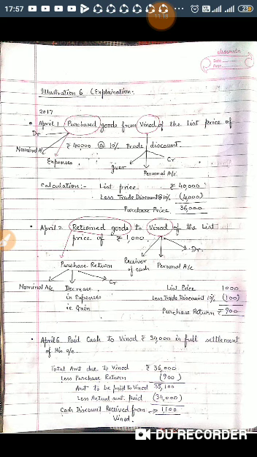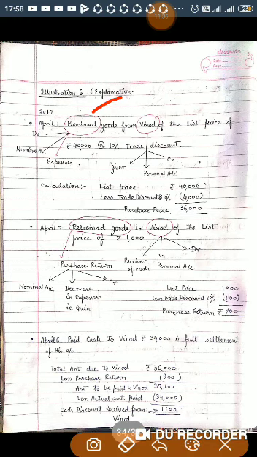Now in this transaction, if we analyze it, this is a credit transaction, because no cash is involved. We are purchasing goods from Vinod. Vinod is a supplier of goods and we are purchasing goods. So two accounts are involved.